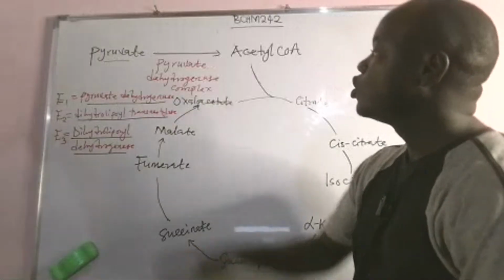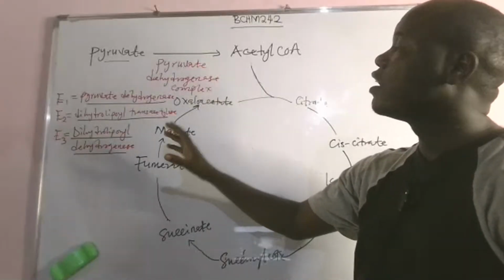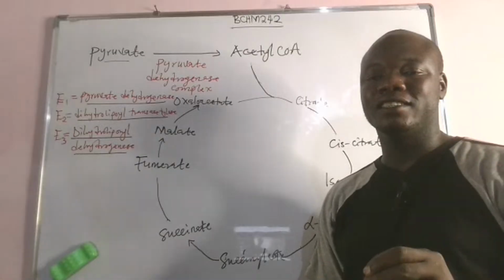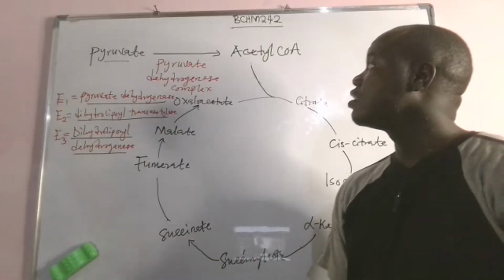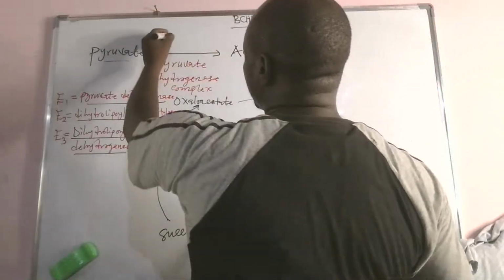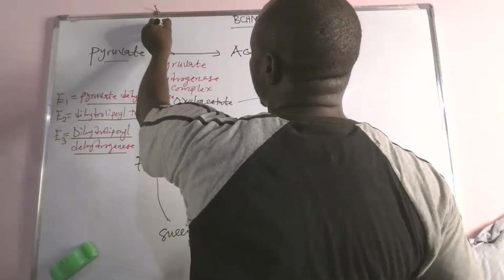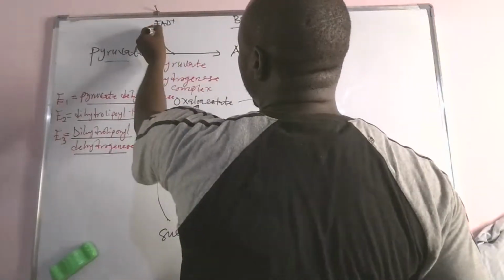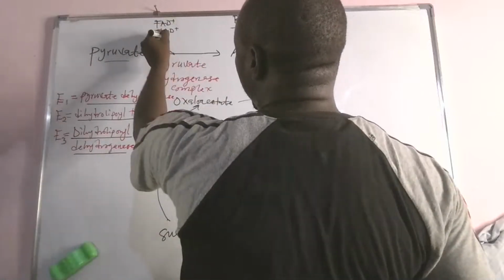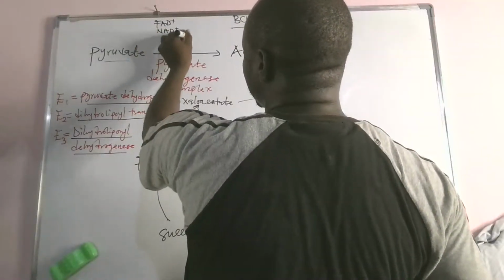Okay. So this is the complex. And don't forget, I told you under this complex, apart from the three enzymes, it also encompasses 5 coenzymes. And what are those 5 coenzymes? Number one, we have FAD plus, we have NAD plus, we have lipoate.